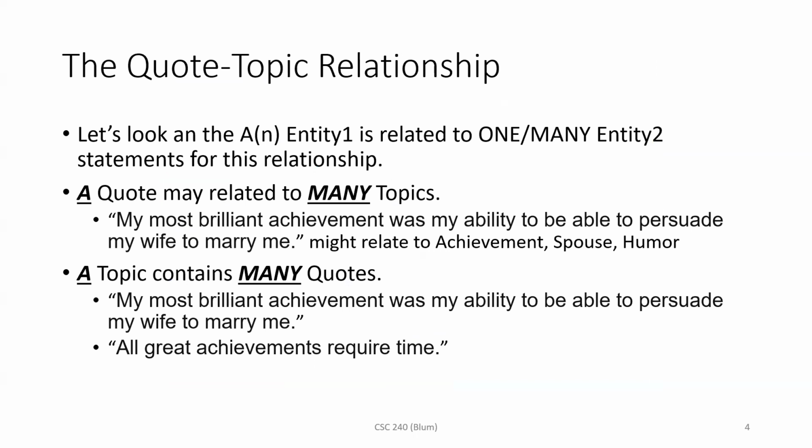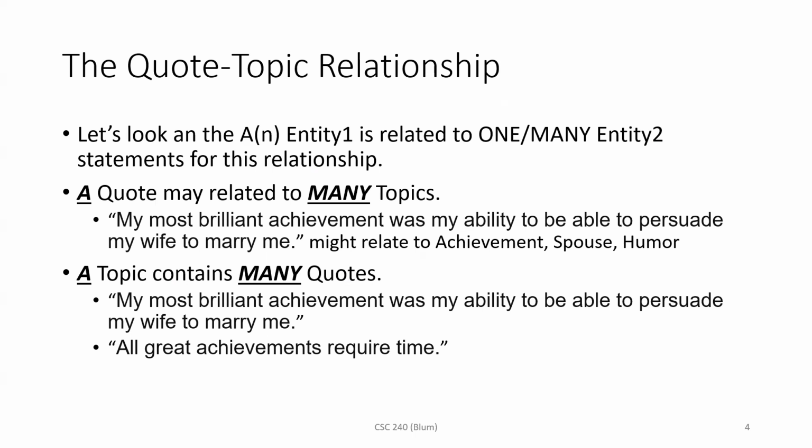So when we looked at the author-quote relationship, we made these statements. We were relating two entities, and we made these statements in two directions. Each entity, which I'm now calling entity one and entity two, appears in the sentence in two different places.